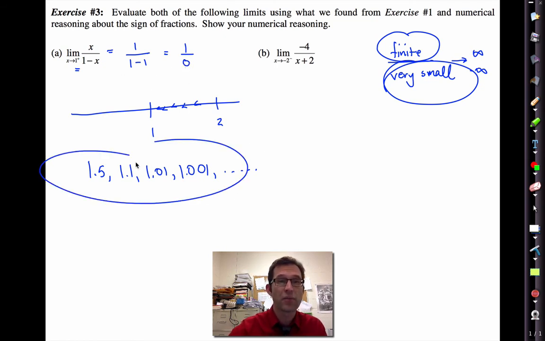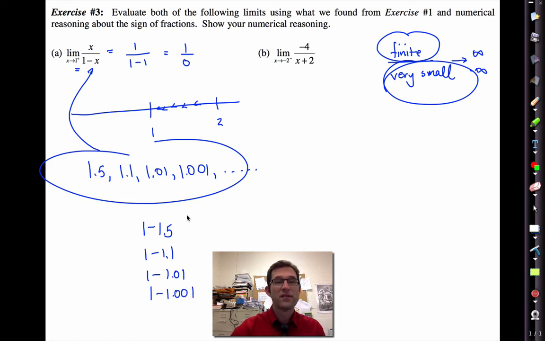If I substitute any of these numbers into the denominator, I get 1 minus 1.5, or 1 minus 1.1, or 1 minus 1.01, or 1 minus 1.001. Positive or negative? The answer is they're all negative.